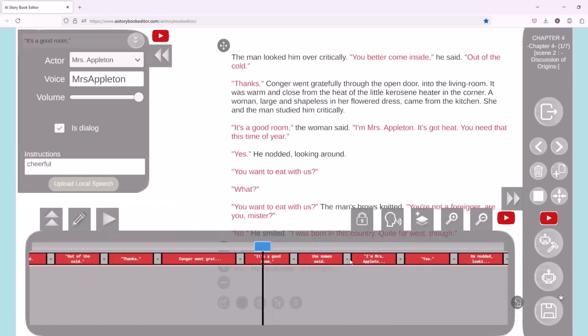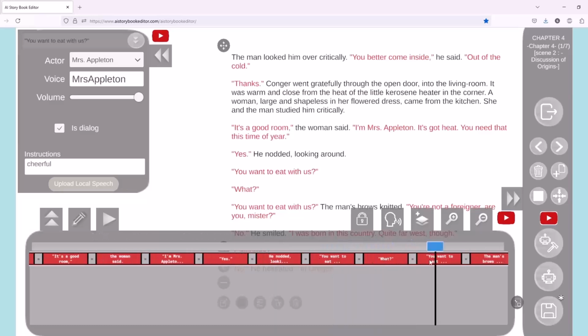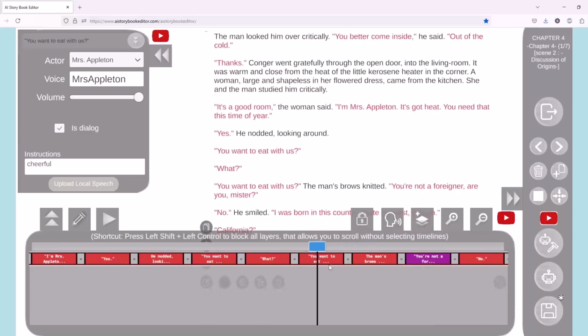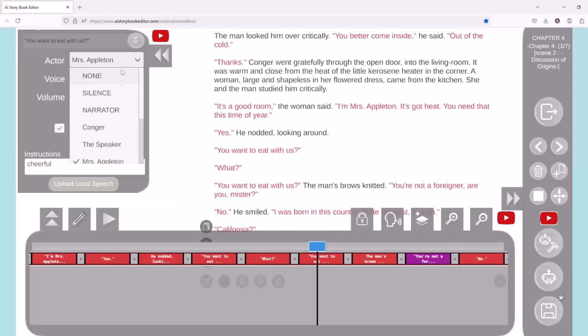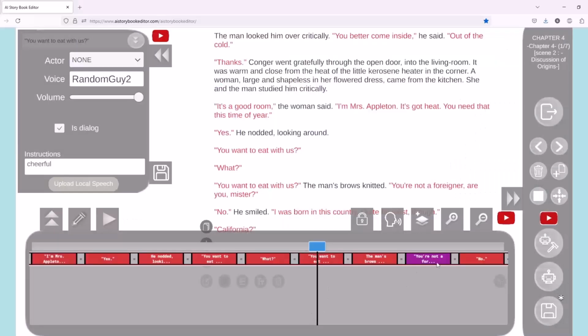It's a good room. I am Mrs. Appleton. Okay, Conger, Mrs. Appleton, Mrs. Appleton, and, no, do you want to eat with us? Is Mr. Appleton. But we don't have a character for Mr. Appleton, but just a random guy.